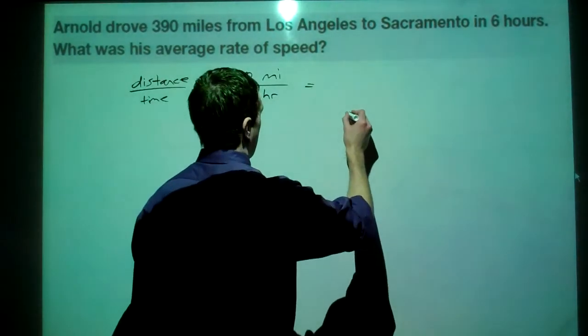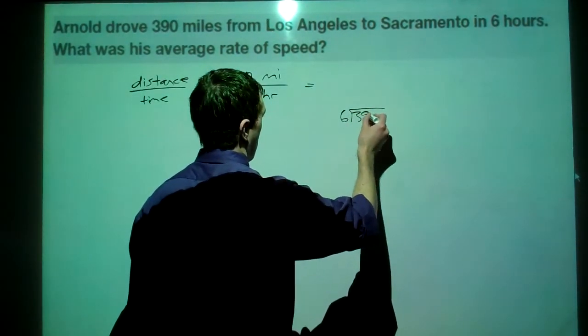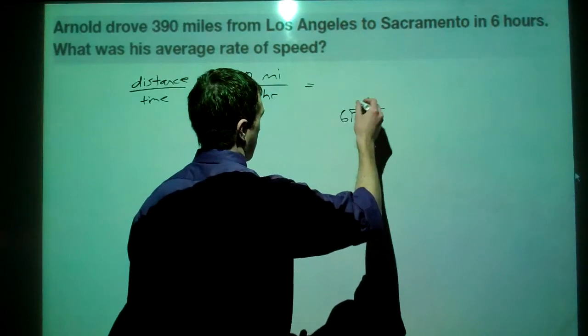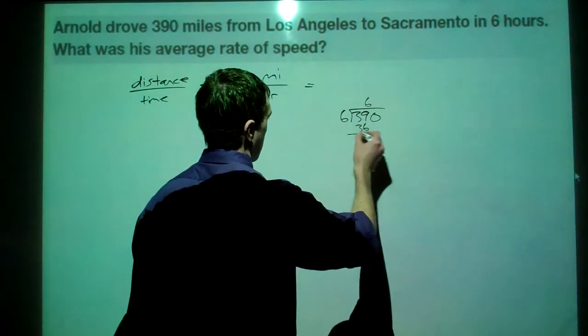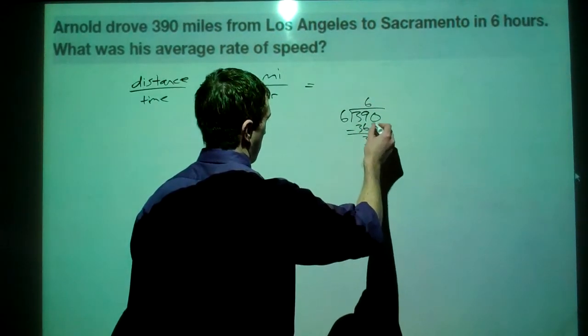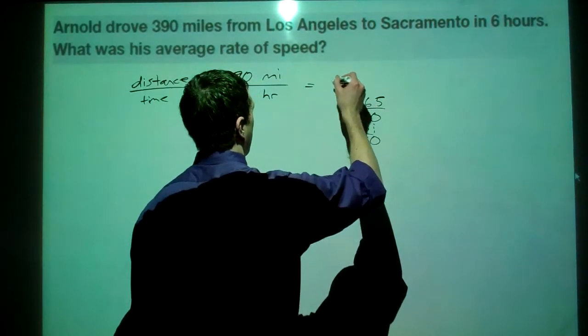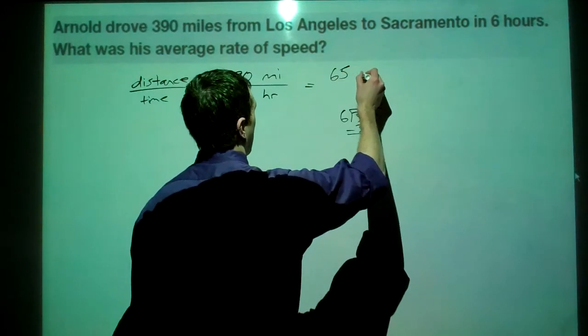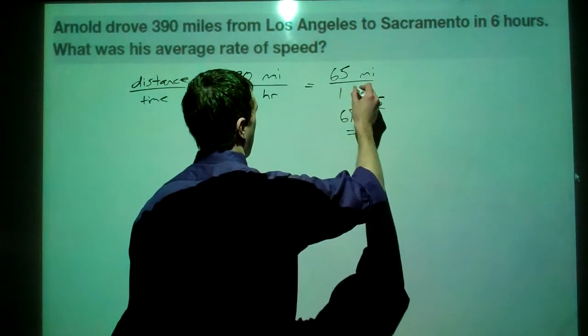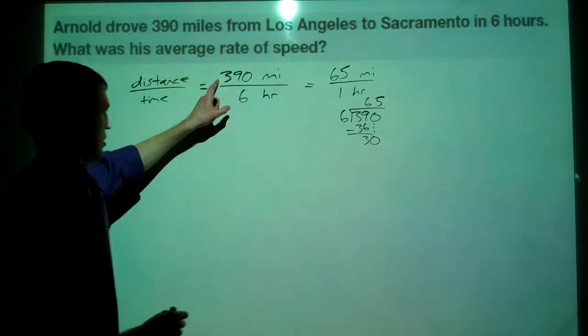So 390, 6 goes in there 6 times, 36, do our subtraction, 6 goes in there 5 times. Alright, so 65 miles over 1 hour. That's if we were to reduce this.